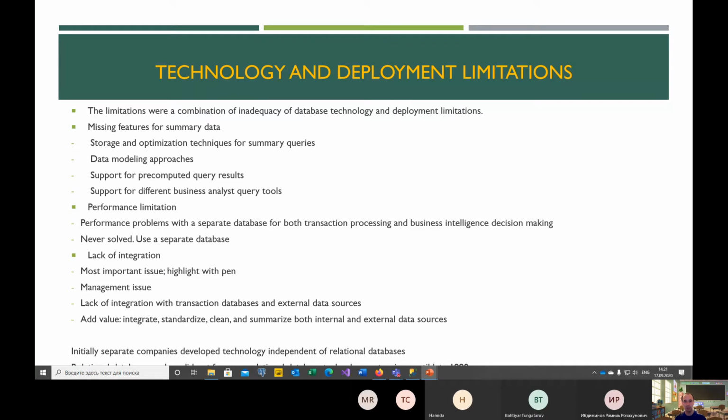There can be some limitations and difficulties in deploying the data, data storages, and data integration. We can have some missing features for queries and for data modeling approaches.